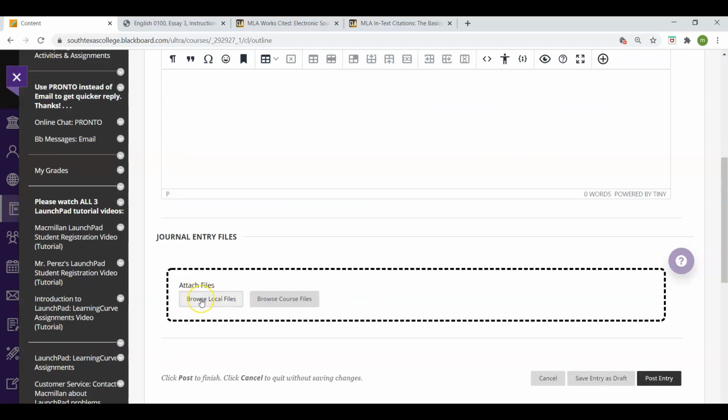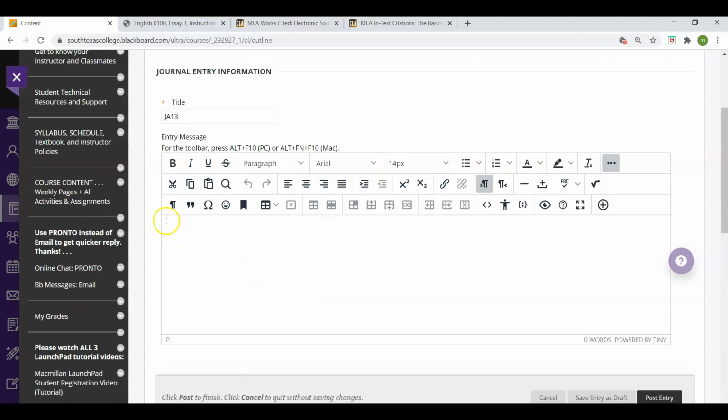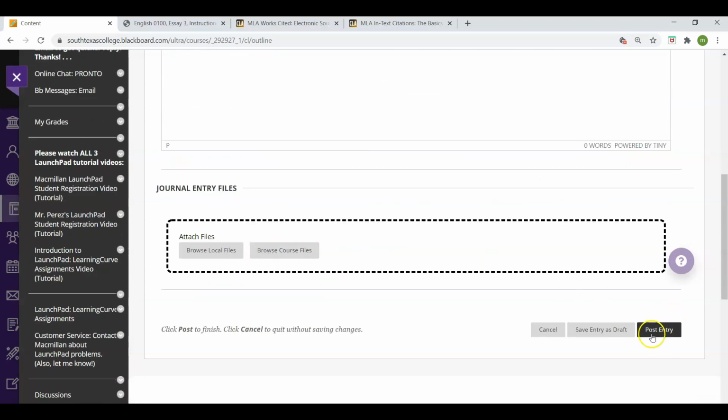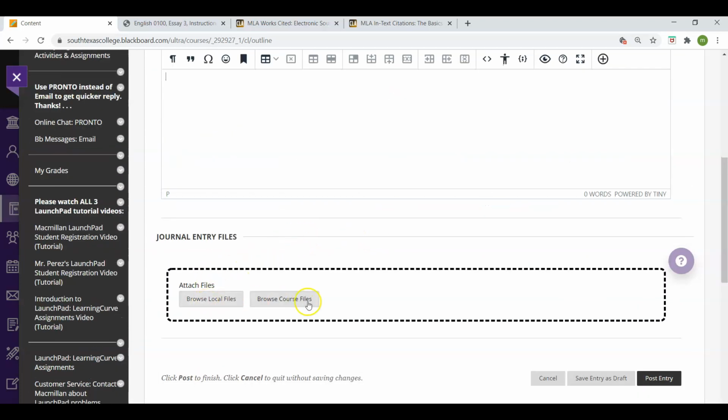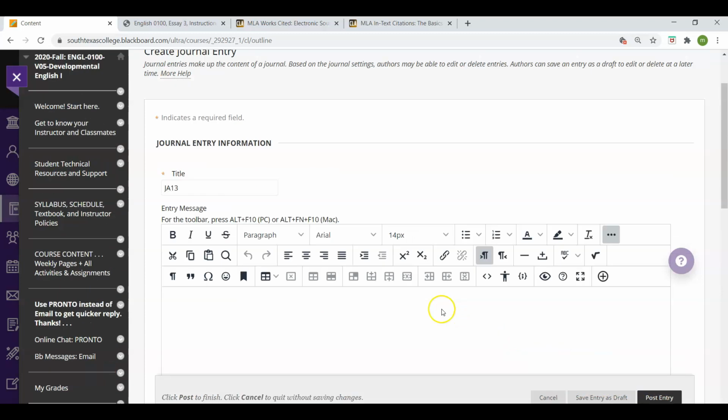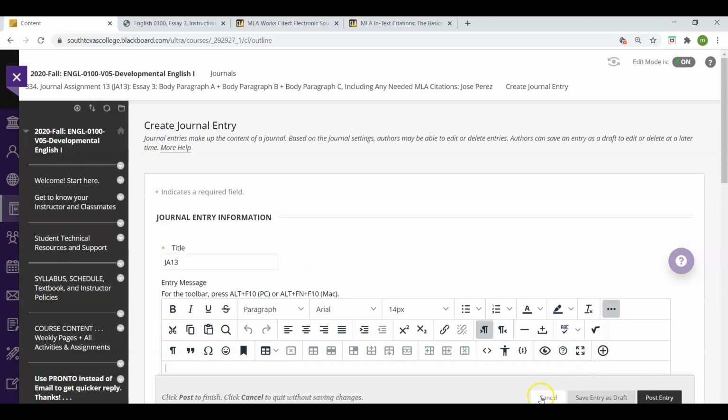If you're going to just type them here, they're going to be in the entry message box, and you just click post entry. On the other hand, my preference is that you prepare a Word document, that you save it on your computer or somewhere or on a USB, and then you click attach, you browse for it, attach it, and then click post entry. All right, so that's how that is done.